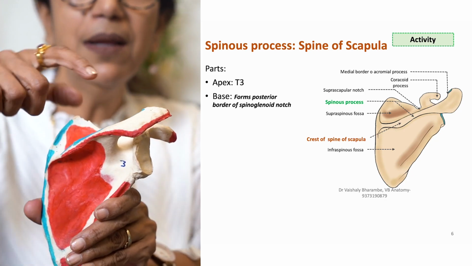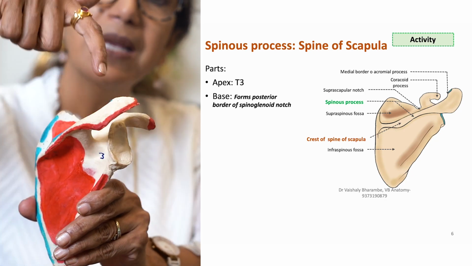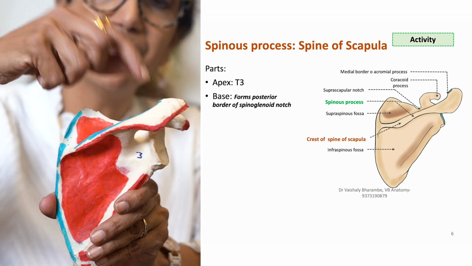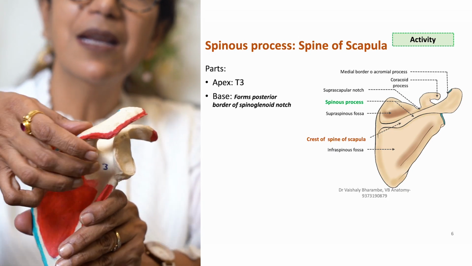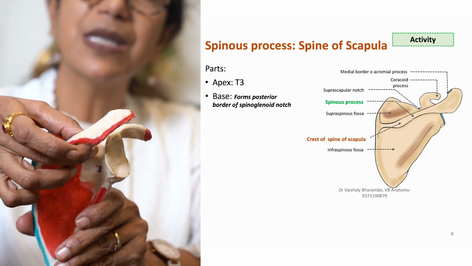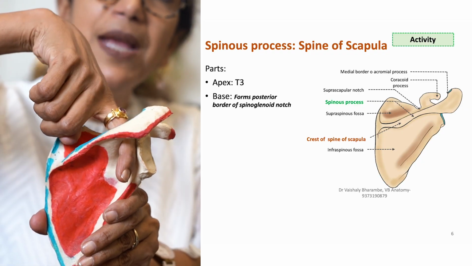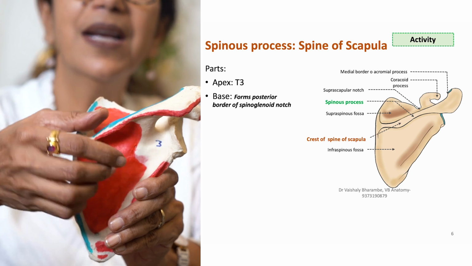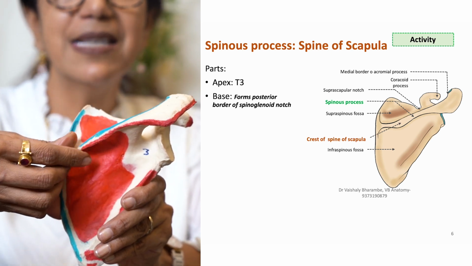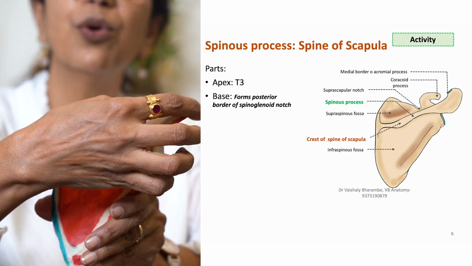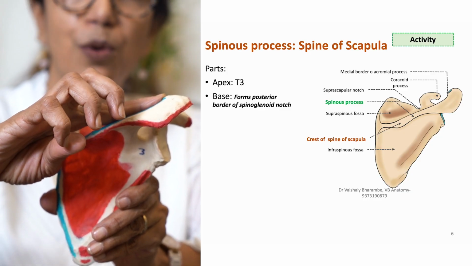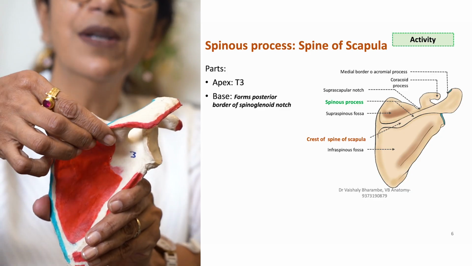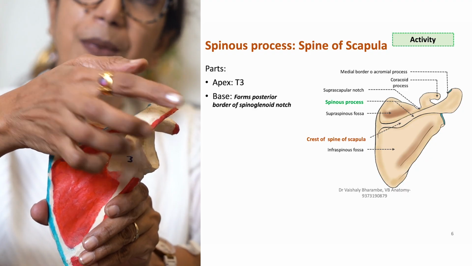Apex of scapula, base of scapula, spinoglenoid notch, crest of spine, apex of spinous process, base of spinous process. Okay? Spinoglenoid notch, crest of spine extending laterally into the acromion process. Upper border of the crest, medial border of acromion process. Lower border of the crest, lateral border of acromion process.